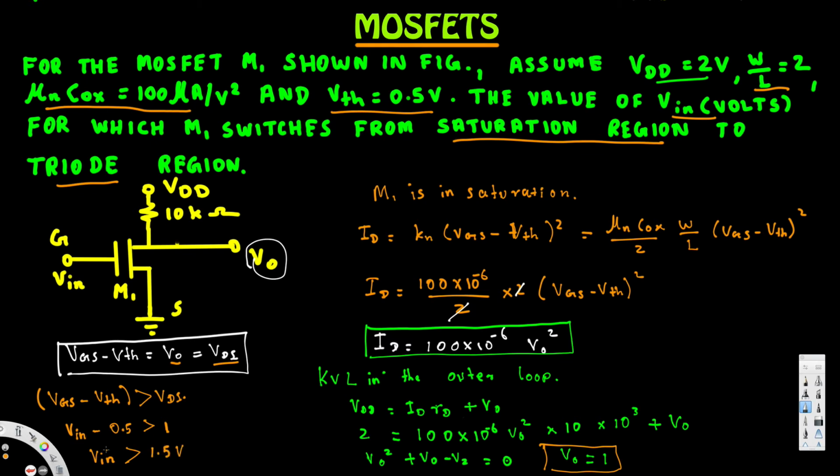So V input should be greater than 1.5 to go to the linear region. So V input has to be greater than 1.5 for this MOSFET M1 to switch from saturation region to triode region, or we can say linear region.